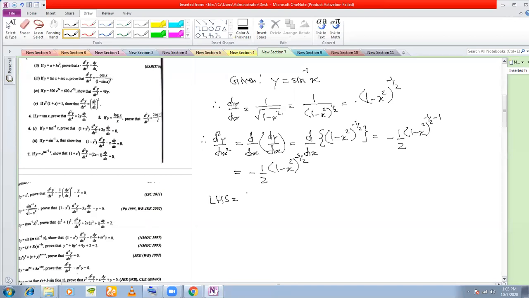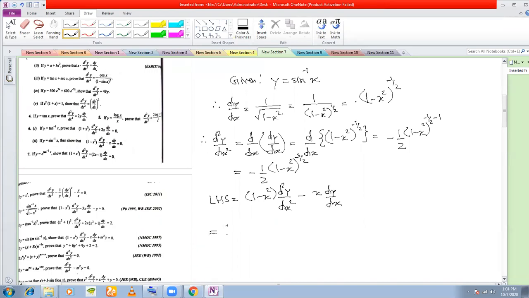The left hand side is 1 minus x square d2y dx2 minus x dy dx.